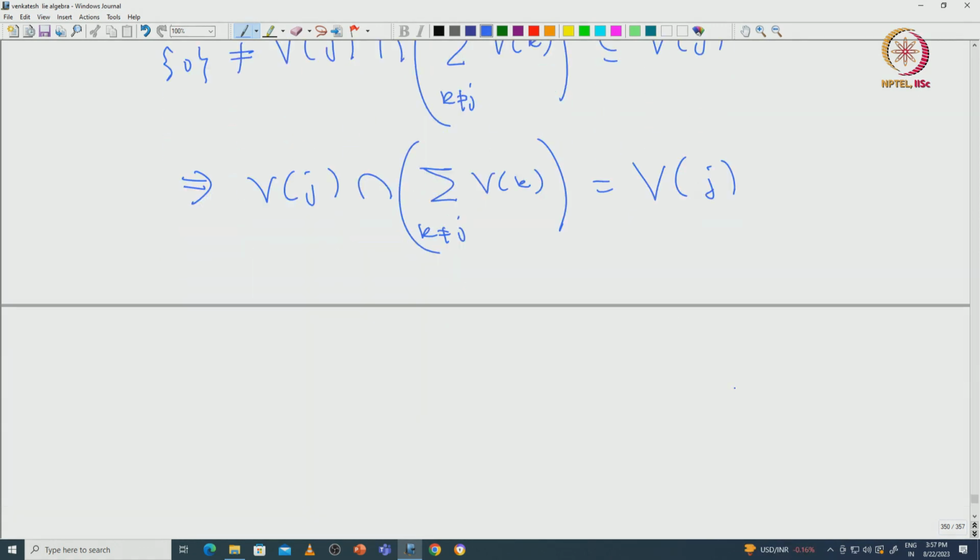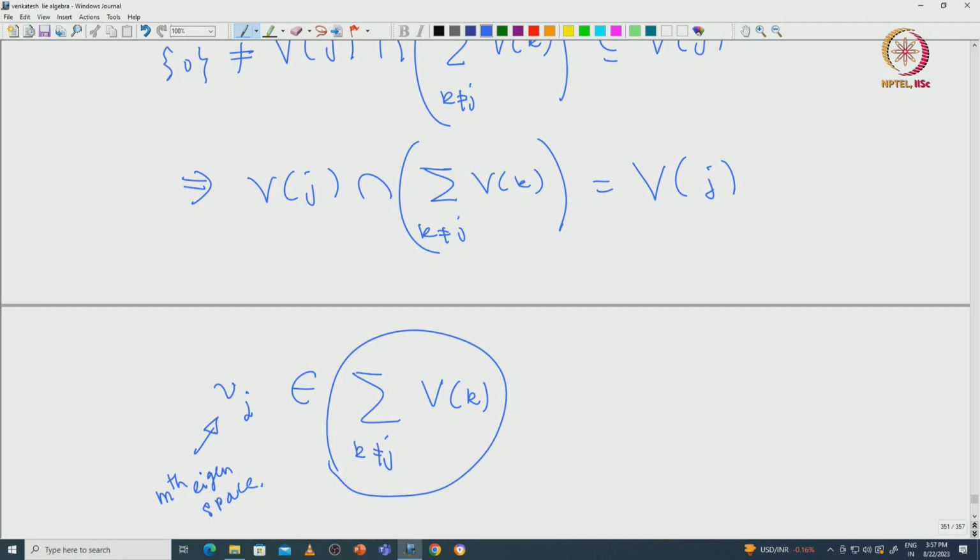But V j is what? V j is generated by small v j. So that forces this small v j to be an element of summation V of k, k not equal to j. But where does V j sit? V j is in the mth eigenspace. Okay. So what will be the mth eigenspace of this? The mth eigenspace of this summation V k, k not equal to j, will be spanned by small v k, k not equal to j.